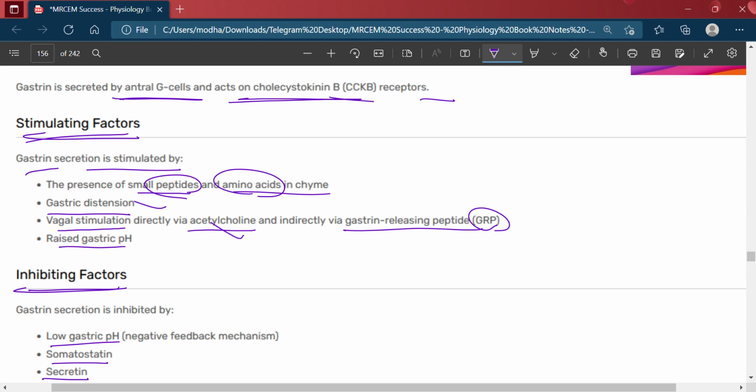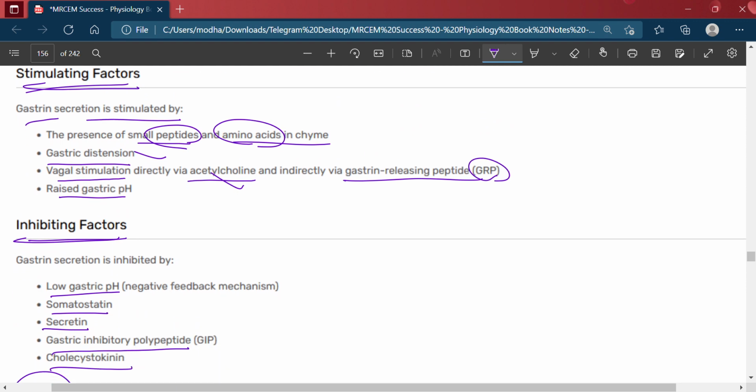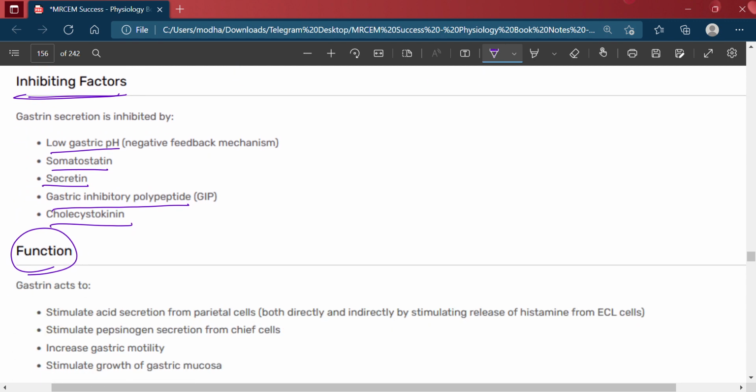Vagal stimulation acts via acetylcholine and indirectly via the gastrin releasing peptide. When the stomach is distended, gastrin will be secreted. It is inhibited when the acidity is very high, then somatostatin, secretin, gastric inhibitory polypeptide, and cholecystokinin.